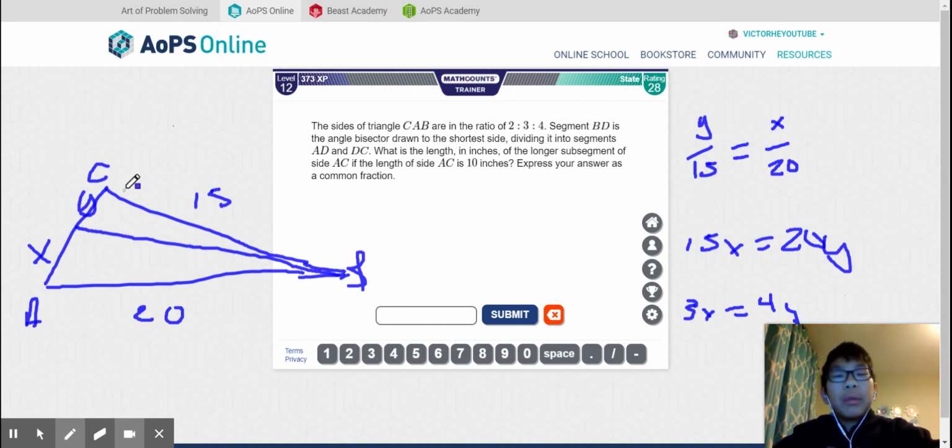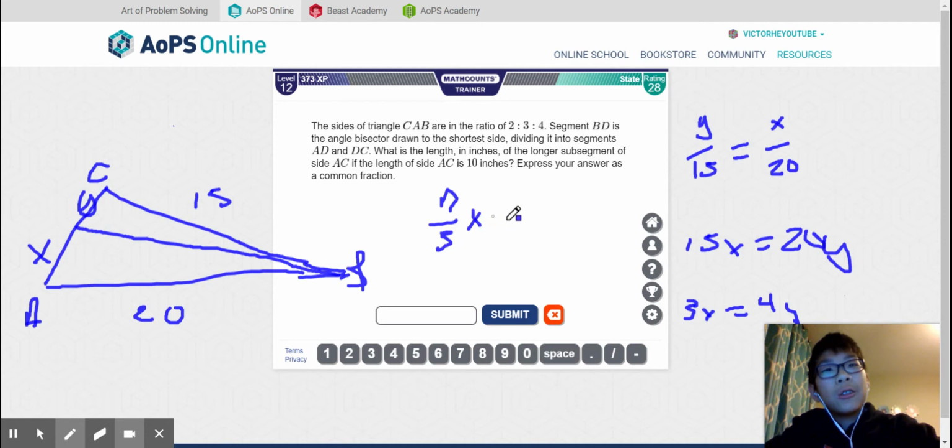If we divide both sides by 3, 4 over 3 y equals x. Right, okay, so 4 over 3 x equals y. So x plus 4 over 3 x equals 10. So 2 and 1/3 x equals 10, so 7 over 3 x equals 10.